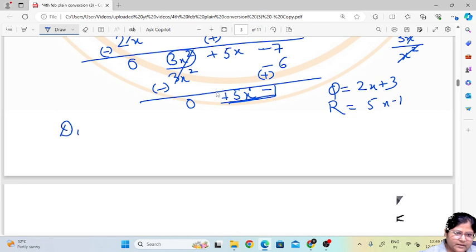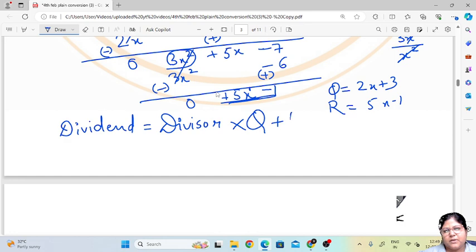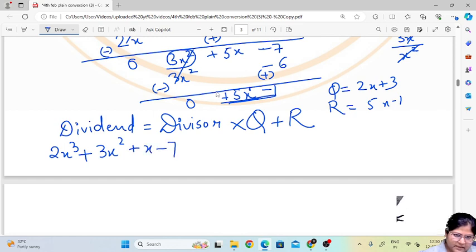Now they have also told you to write the result in the form of this. So dividend equals divisor into quotient plus remainder. So dividend is the one to which we divide the number. So it is 2x cube plus 3x square plus x minus 7 equals to, divisor is the number by which we divide the number, x square minus 2.